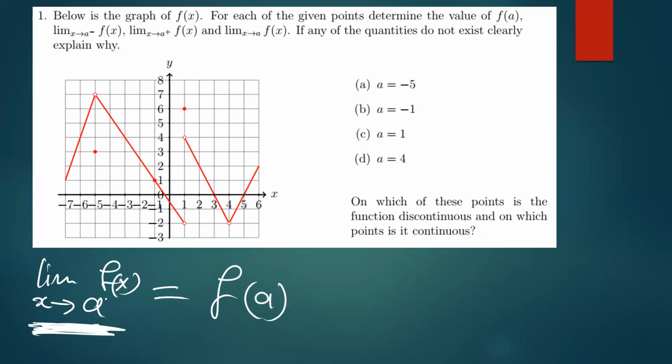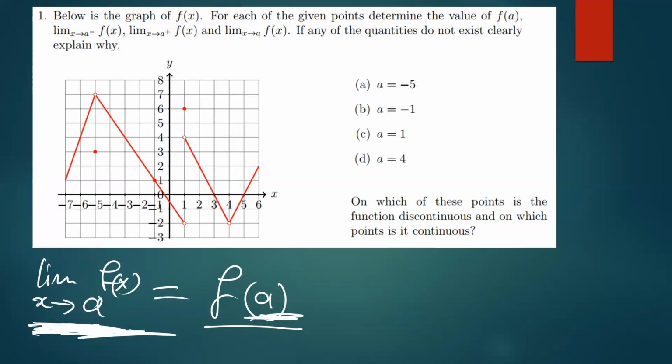The limit of f of x as x is approaching what? A. So if you discover that this is equal to that, then you conclude that this function is continuous at a point what?